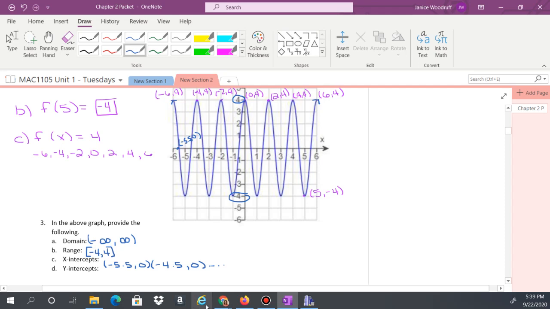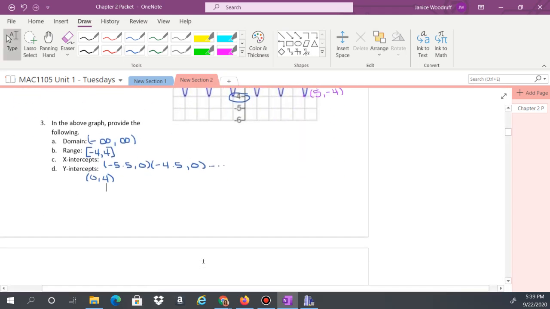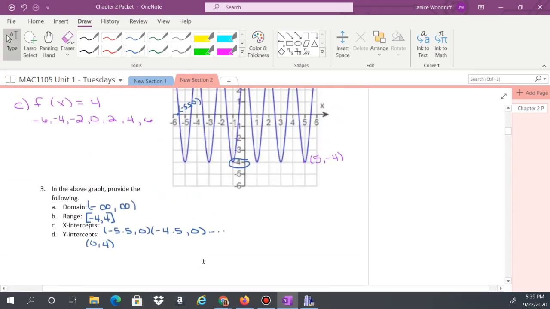And then my y-intercepts, I only have one y-intercept. What's that going to be? Yeah, it's right up here. We're crossing the y-axis at 4, so that's the point 0, 4. And that should be it for 2.1.